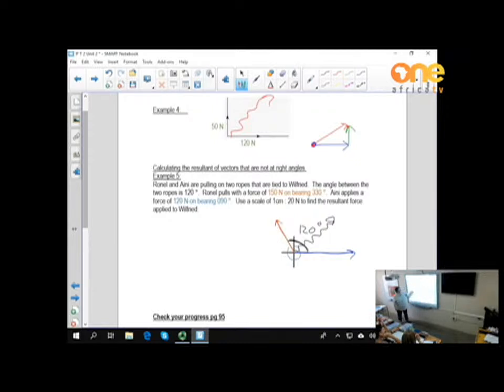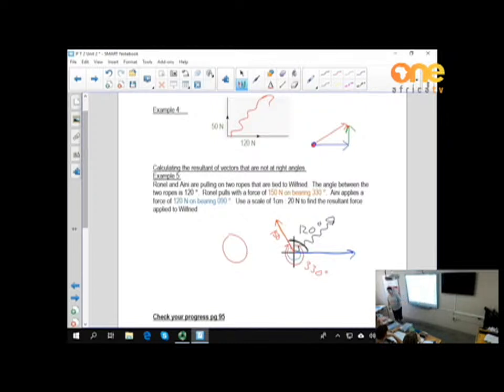They say, okay, Runel pulls with a force of 150 Newton on a bearing of 330. So that one is 150 Newton. The bearing, that angle there, would be 330 degrees.